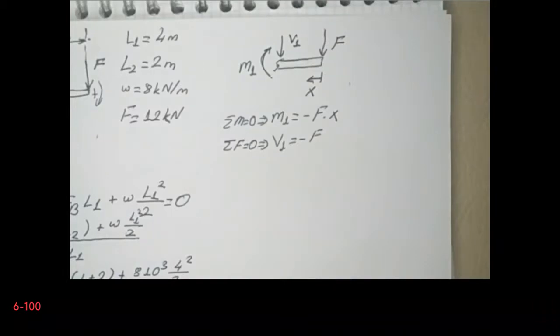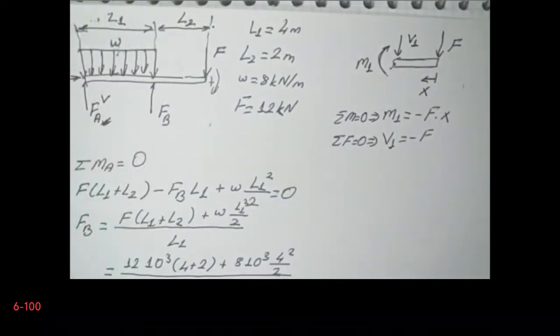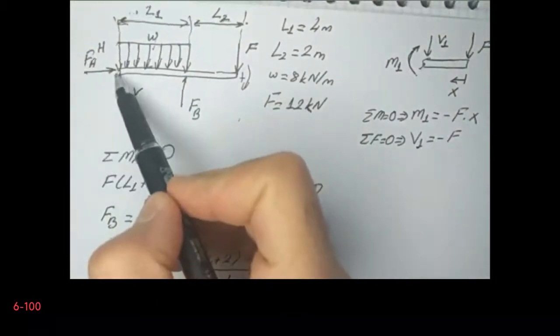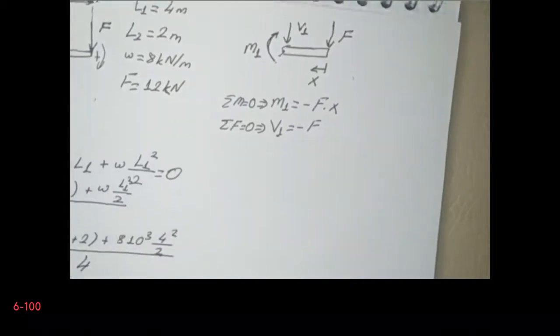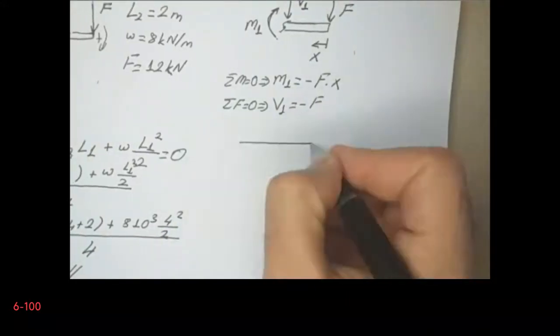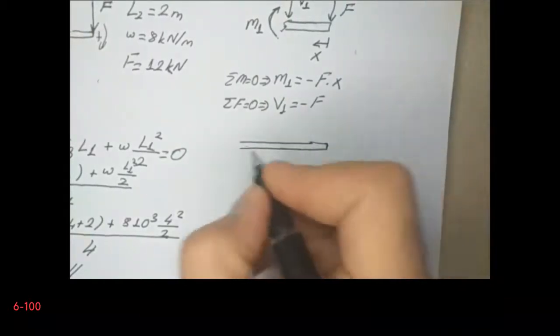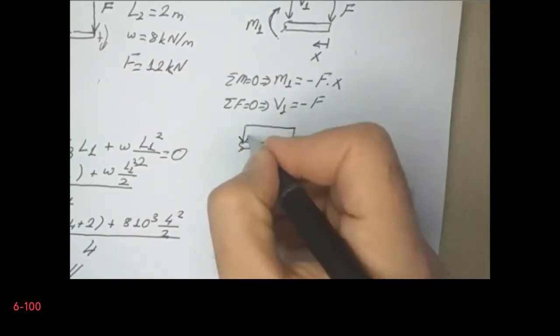Now I will make a second cut. So I will make the second cut between A and B, somewhere here at an arbitrary location. Now this is my distributed load.